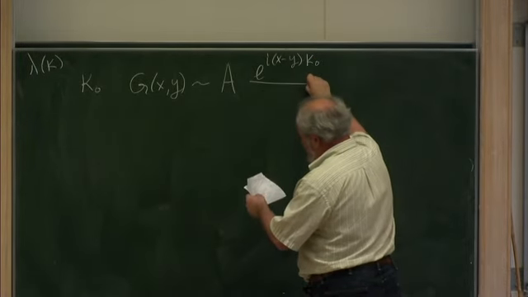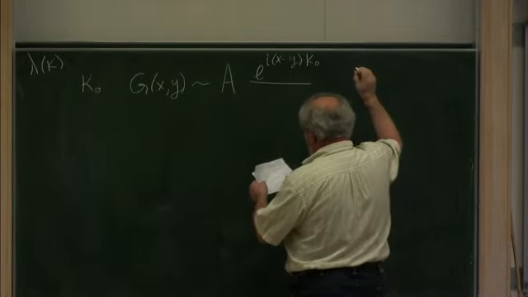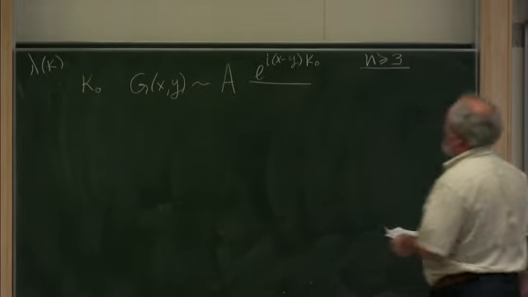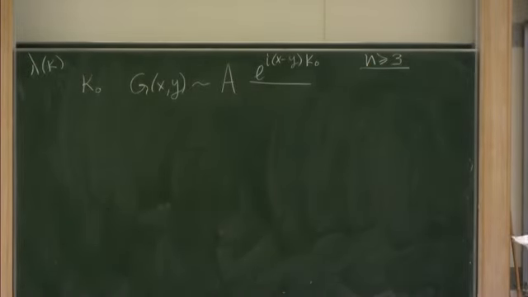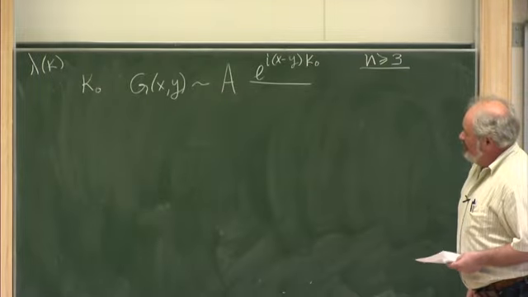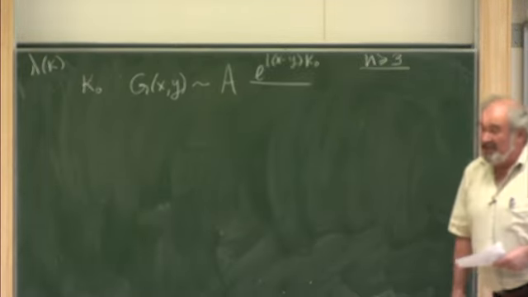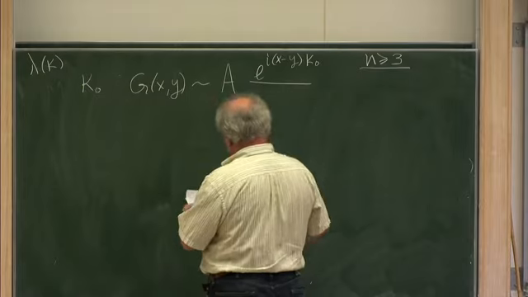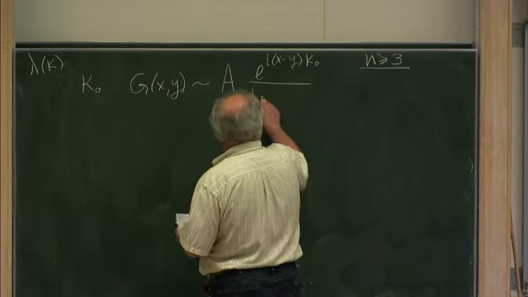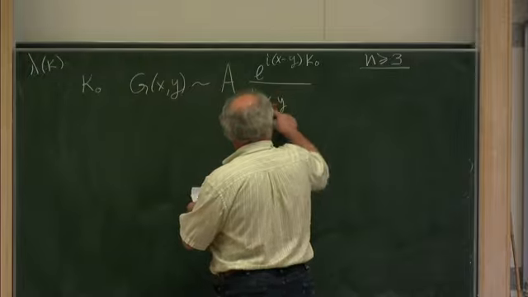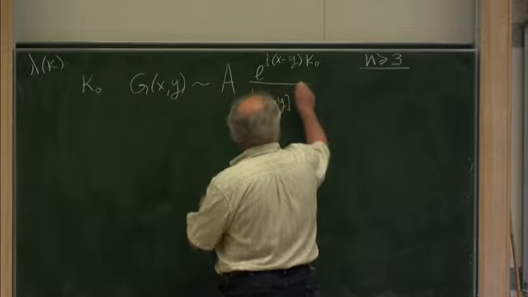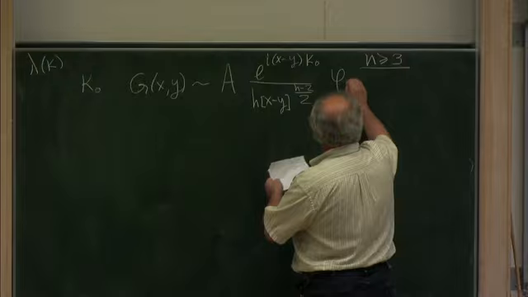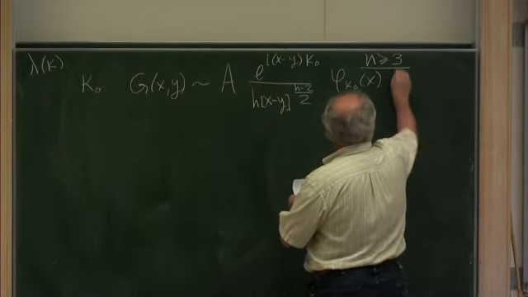So first of all, this is done only for dimensions 3 and higher. If you have dealt with those things, you know that things get hairier and different in dimension 2 if you're at the edge. So for dimension 3 and higher, here is, and I will explain everything.